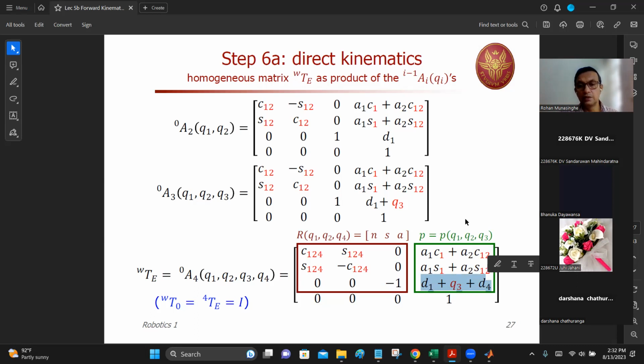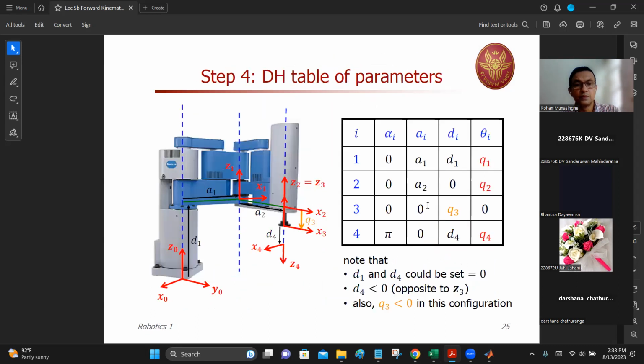These are the 3 coordinates x, y, z of this point, the fourth frame origin, with respect to this point over here, the base coordinate frame.